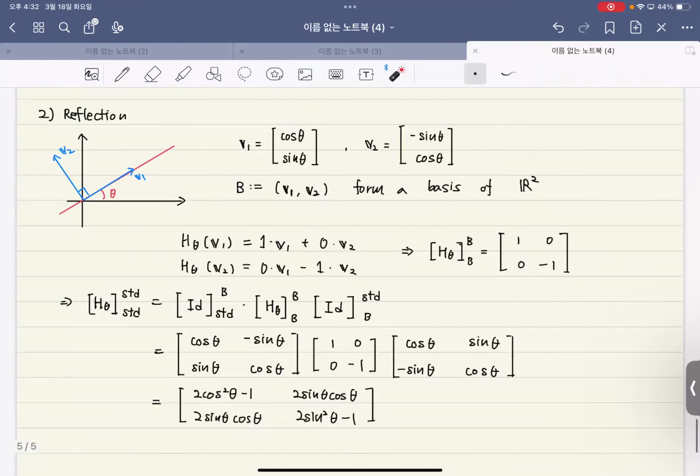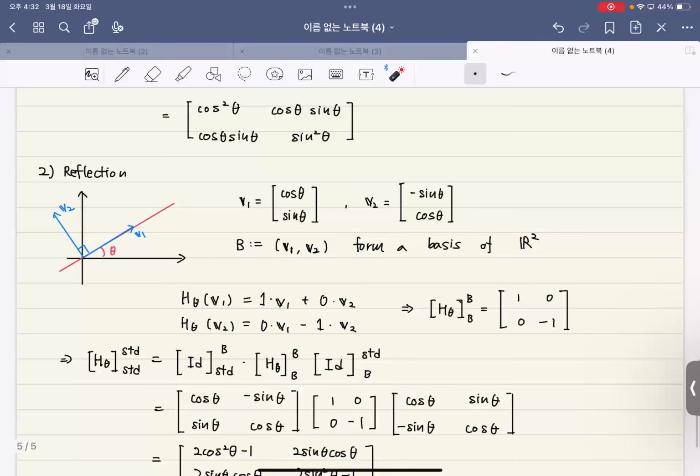So the point is this: whenever you try to find a matrix representation of a certain linear transformation in terms of the standard basis, if possible, you can directly find the images of the standard basis vectors under that linear transformation. But if that is not possible, then maybe you can try to choose some clever choice of basis.